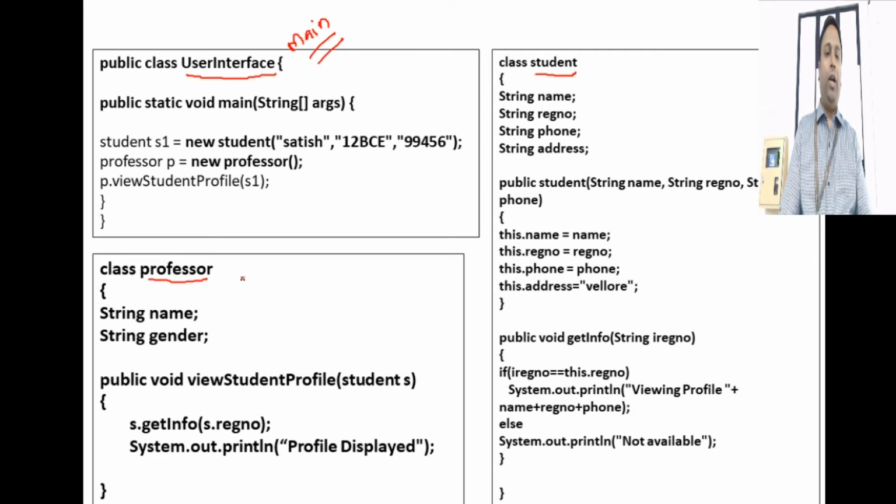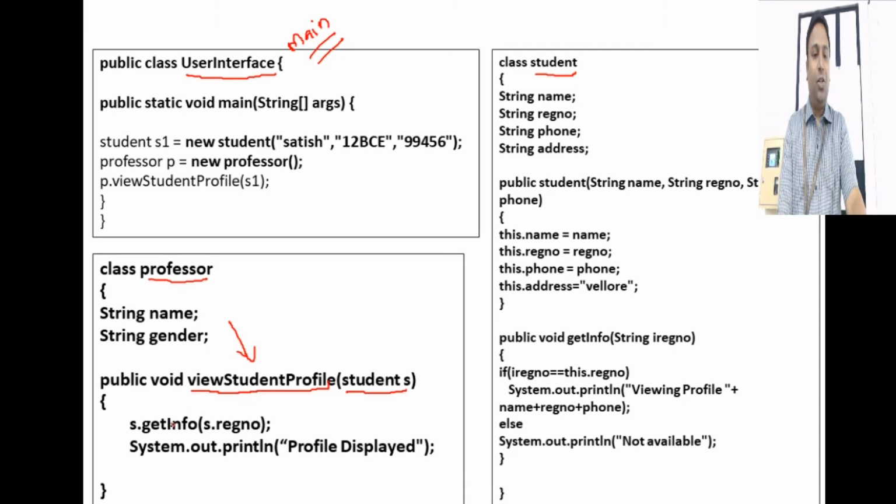So when you take a look at the professor class, you have one particular method called view student profile. A professor will invoke this particular object method to actually view the student profile. So what is the parameter for this? A student object is given as a parameter. So inside this, we have another method s.getInfo.